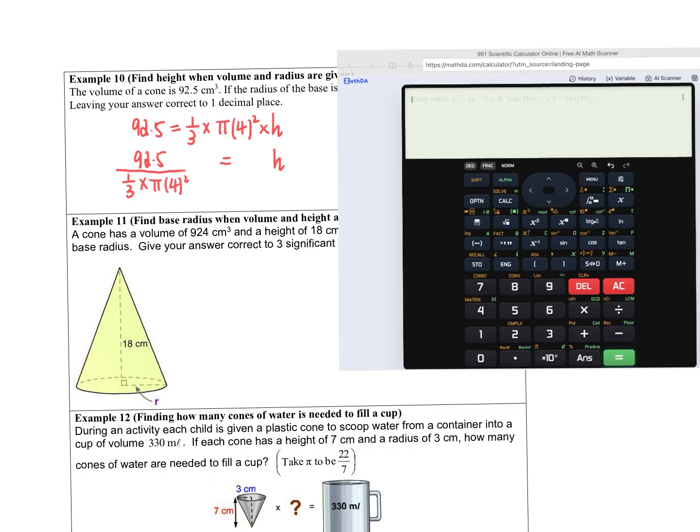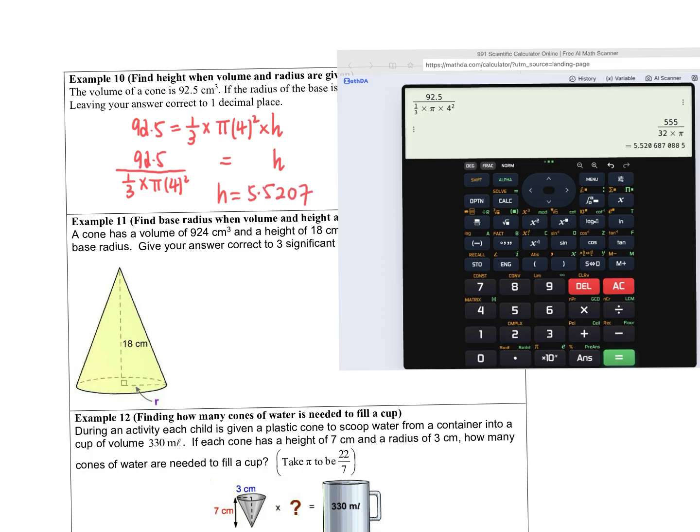Okay, so fraction 92.5 divide by 1/3 times pi times 4 square. So it will give me height to be 5.5207.